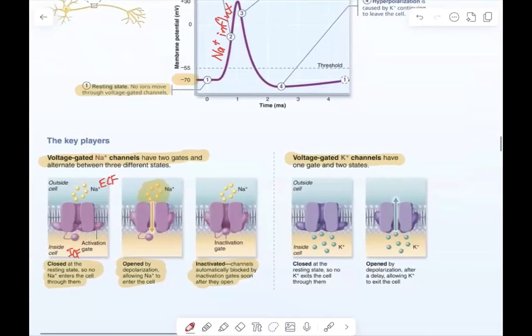Then we also have potassium voltage-gated channels, and they are also closed at the resting state. But they open after depolarization, and that's important to remember, it's at the end of depolarization. So once depolarization begins, at the end of it, these potassium channels open and potassium exits the cell.